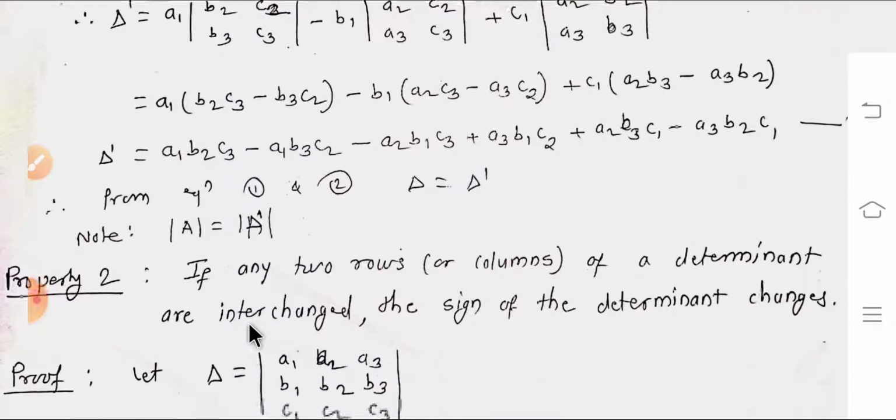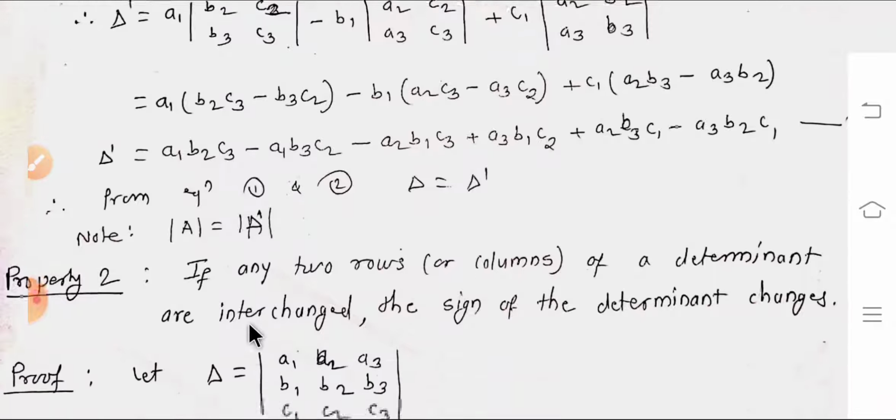Property 2: if any two rows or columns of a determinant are interchanged, the sign of the determinant changes. Means in a given determinant, if any two rows or columns are interchanged, then the value changes by its sign. Let delta equal the determinant of a1 a2 a3, b1 b2 b3, c1 c2 c3.